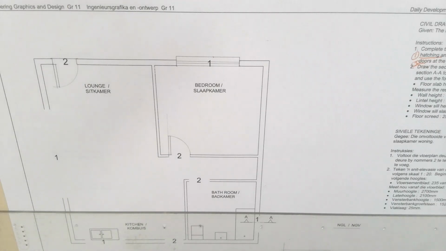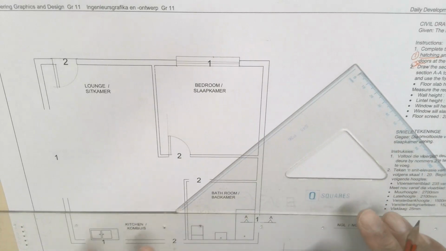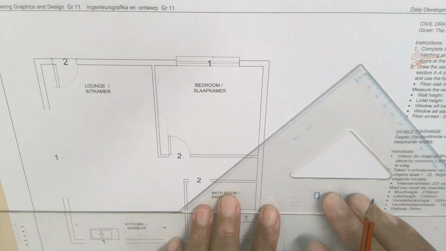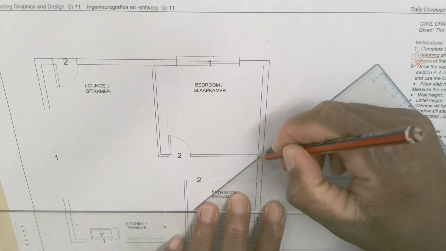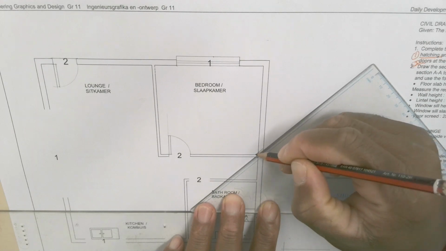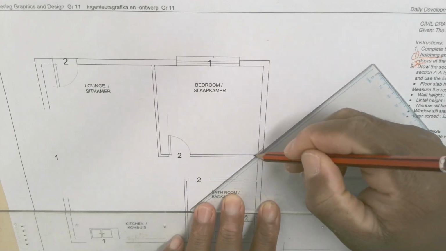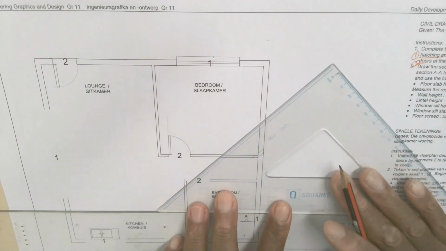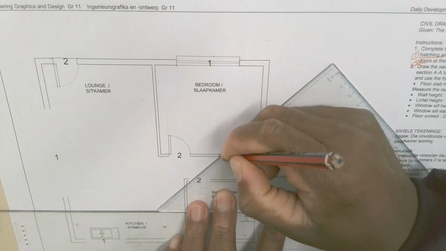Hatching, we use a 45 degrees set square, and we hatch in common brick, parallel lines, common brick 2. I always say it goes in pairs. For safety's sake, we say travel in pairs. Hatching the walls. So this is what I call common brick.